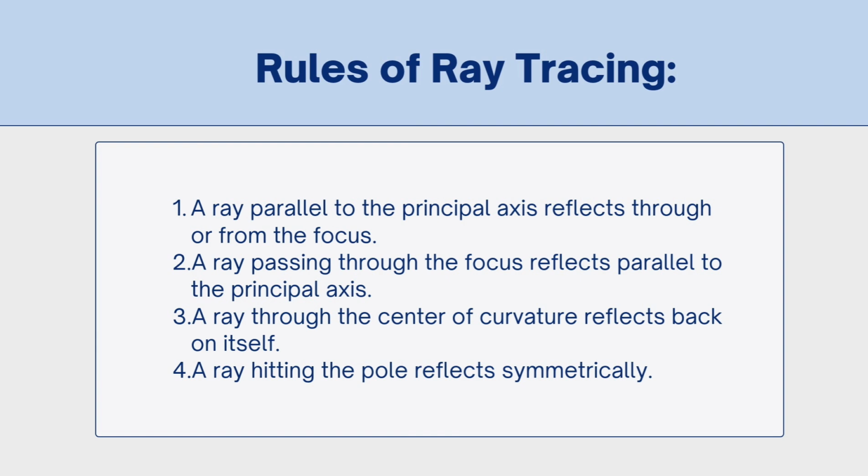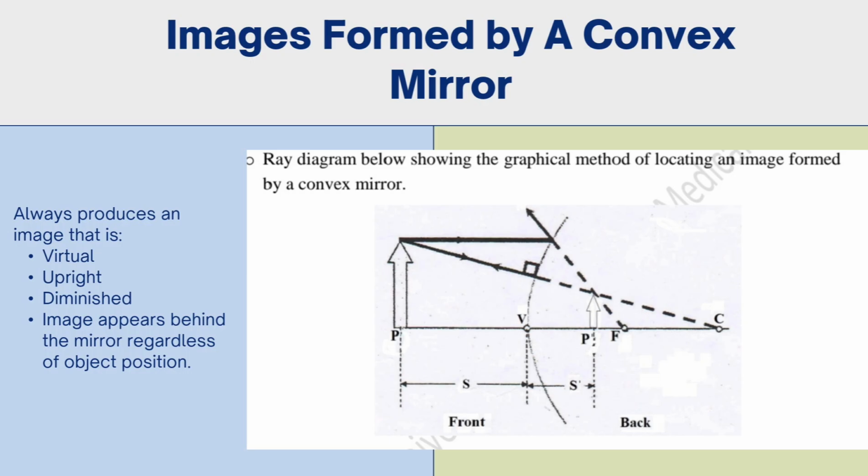And lastly, a ray hitting the pole reflects symmetrically following the law of reflection. So, by using these rules to trace at least two rays, we can find where the image is located and identify if it is real or virtual, upright or inverted, and magnified or diminished.